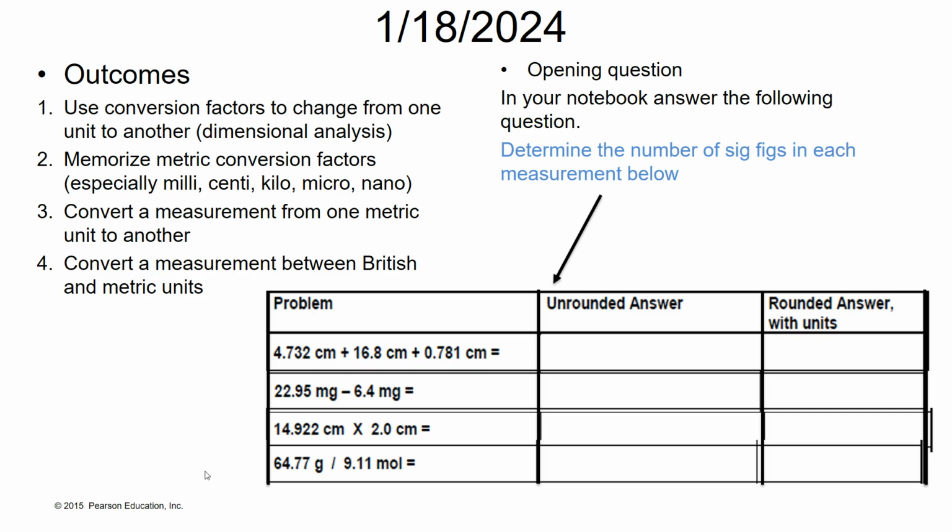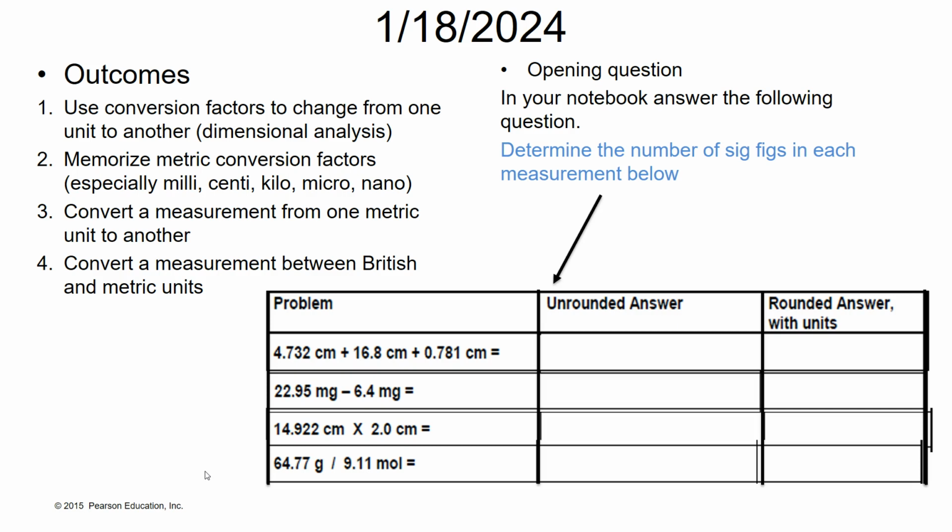And then we should be able to convert measurement from one metric unit to another, and then be able to convert from imperial or British to metric units. The conversion factors that we'll need to use as far as the imperial to metric, they're in that periodic table reference packet. If you ever need an extra copy of that, I always have copies. I'll always have copies up here, so you can just grab another one as you need it.